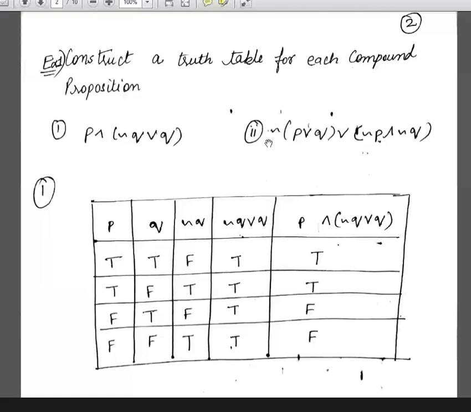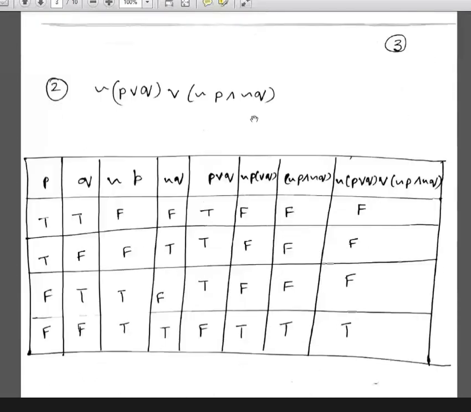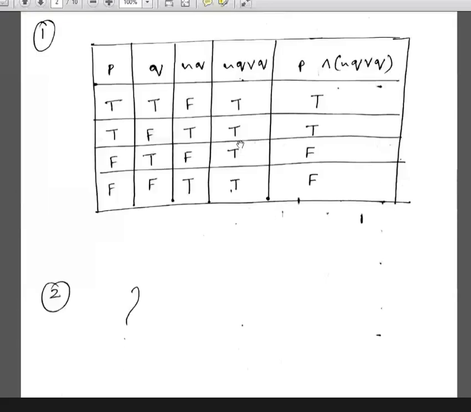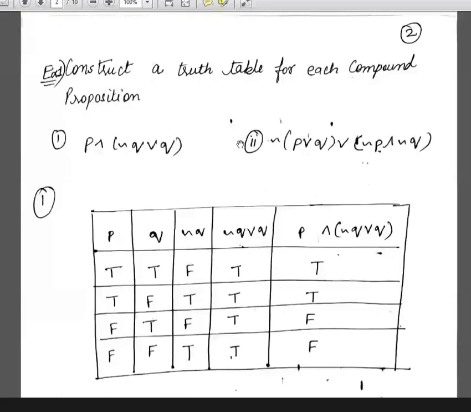One student has given the answer: false, false, false, true. You can mute yourself, okay? I'm asking another student.